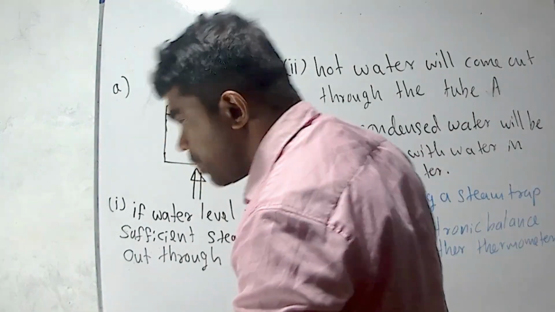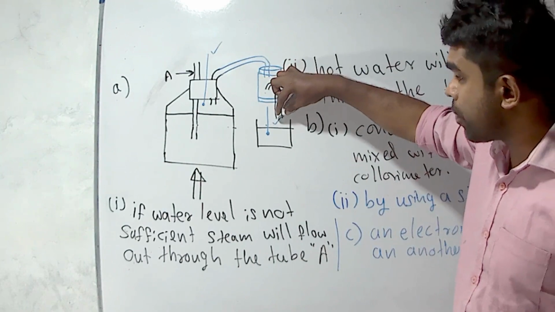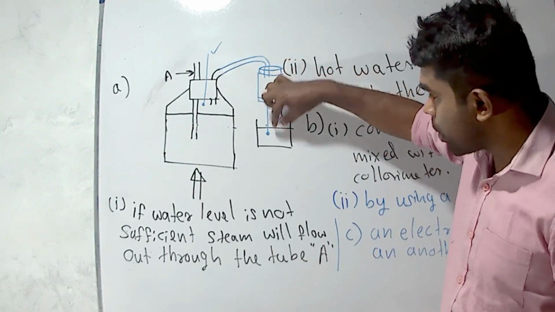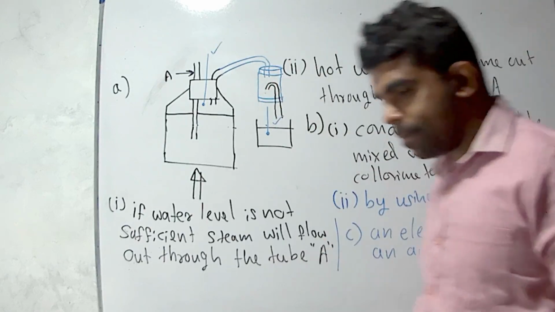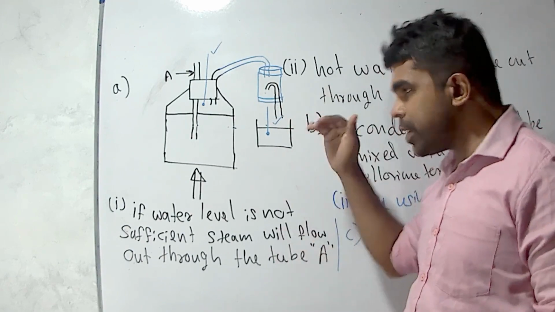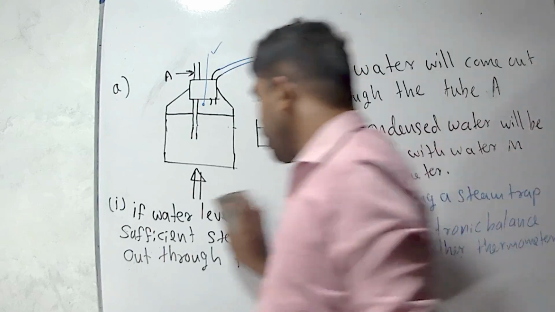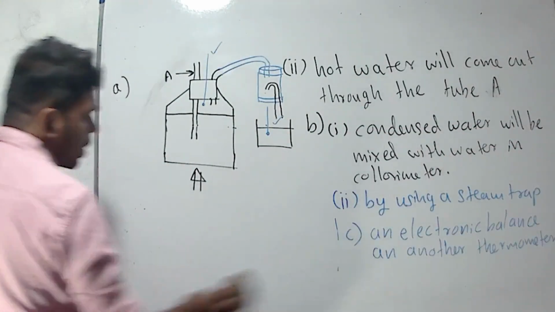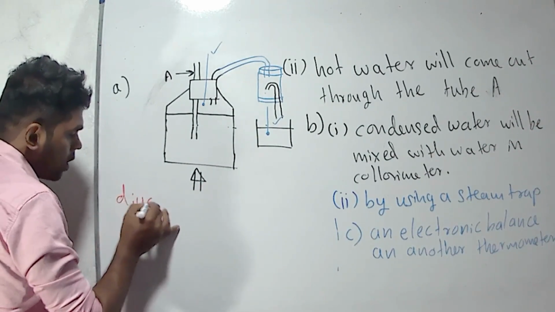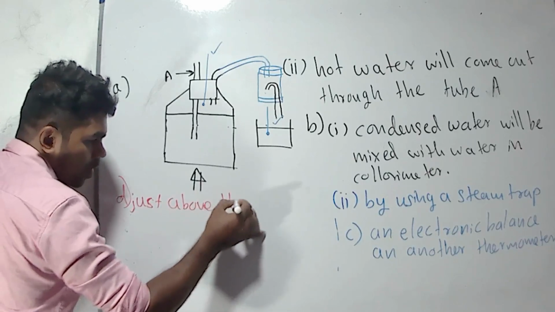When mixing, steam comes out from this glass tube. We have to maintain the end of this glass tube just above the water level. Then for the answer for part D, you have to underline just above the water level.